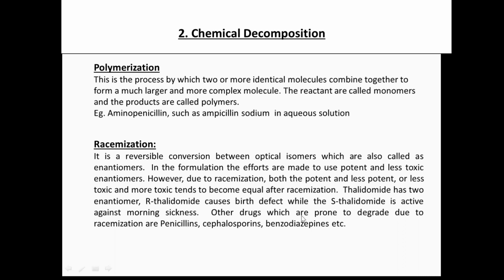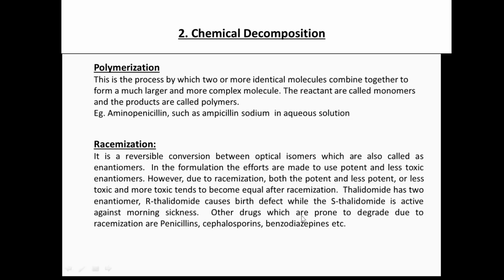At the beginning, we used a higher amount of one enantiomer, but due to degradation, that higher amount will decrease and form the other enantiomer. When racemization occurs, both types of enantiomer will be present. Overall, the active component has decreased to half of its original amount. So ultimately the activity of the formulation will decrease.